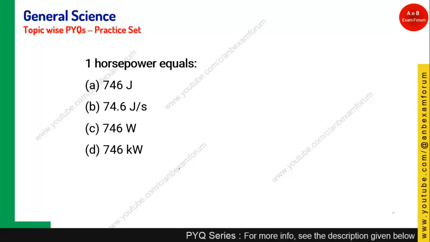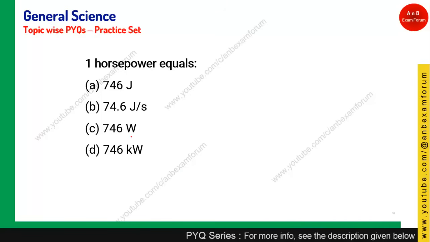The next question, a very simple one: 1 horsepower equals what? If you know the number 746, well and good, but you should also know the unit. You should know that it is a unit of power. Horsepower itself has the word power.